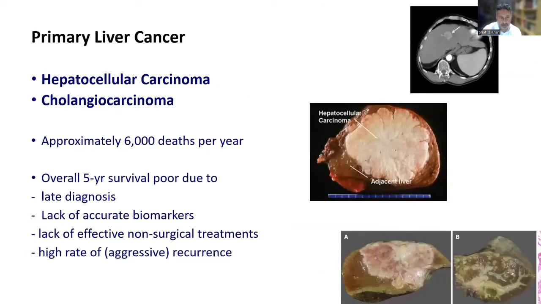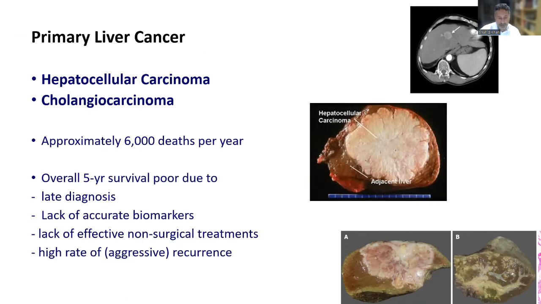So I'm going to talk a little bit about primary liver cancer, and by that I really mean hepatocellular carcinoma and cholangiocarcinoma. In the UK, these two primary liver cancers are estimated to cause about 5,000 or 6,000 deaths per year. And the overall 5-year survival for both of these cancers is relatively poor because diagnosis is late, and there's a lack of accurate biomarkers.